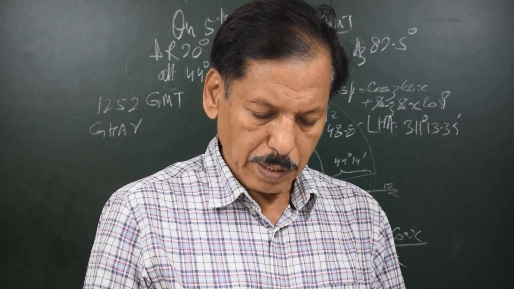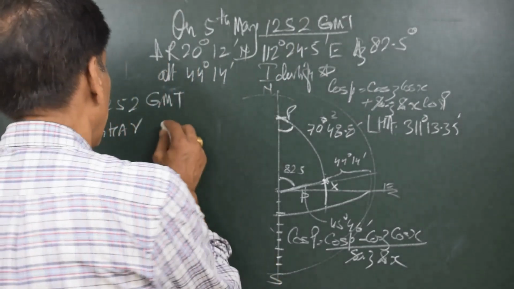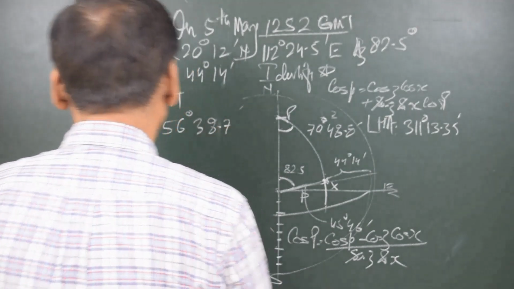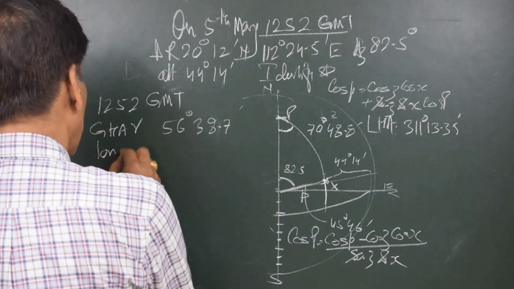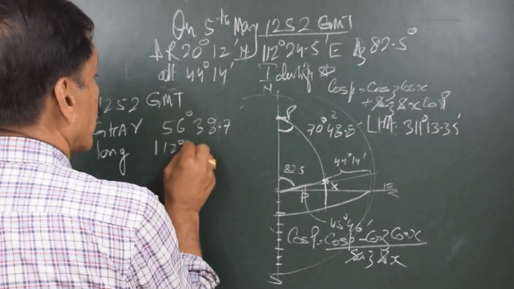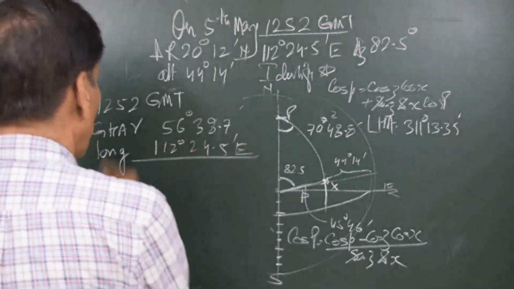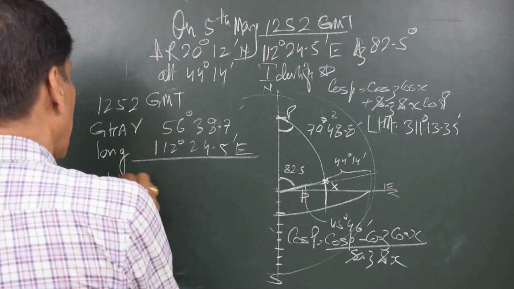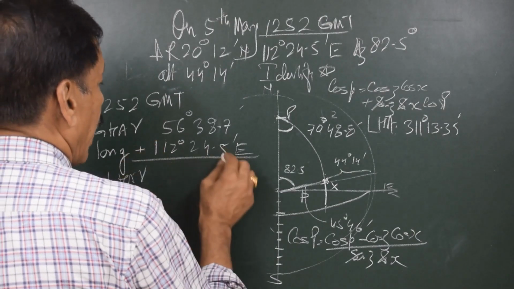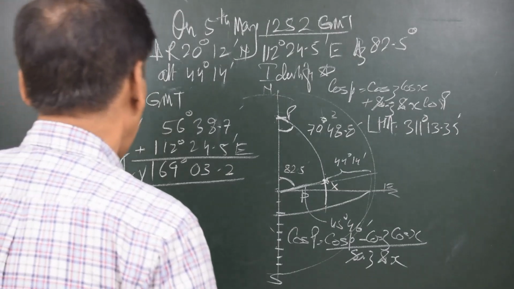The GHA Aries was 56 degrees 38.7, and the observer's longitude was 112 degrees 24.5 minutes east. Longitude east, we know, is Greenwich least, which means that the LHA Aries should be more. That means we should add this and we get 169 degrees 3.2. This is the LHA Aries.